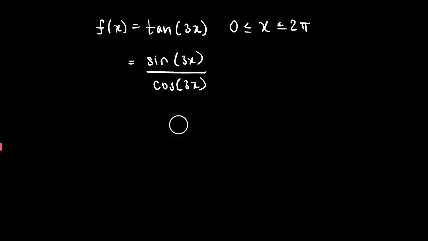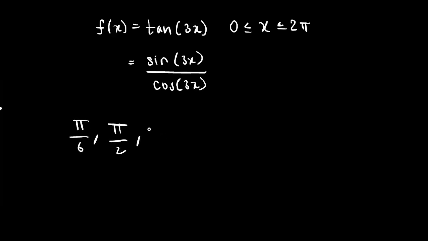In order to stay within this range, you're going to have to continue this process for our discontinuities from pi over 2, all the way to 11 pi over 2.